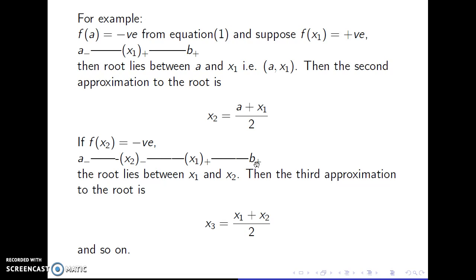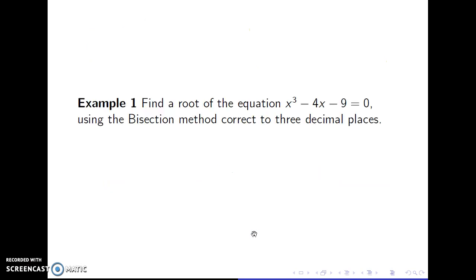It means now for the opposite signs x1 and x2, the root lies in the interval x1 and x2. Then the third approximation is between these two values, so x3 equal to x1 plus x2 upon 2, and so on we will continue.